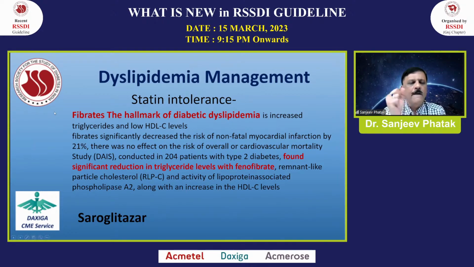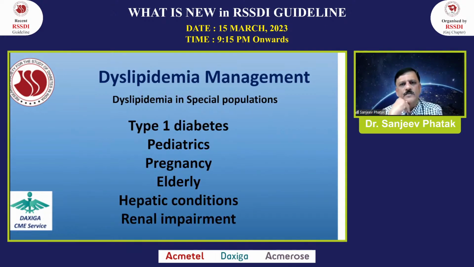But at present, we do not have very strong evidence in favor of fibrates for reducing the cardiovascular event rate. Same is true for saroglitazar, though it is a very effective drug for reducing triglyceride and may have some benefit in NAFLD, but at present for cardiovascular risk reduction, these drugs are not indicated.